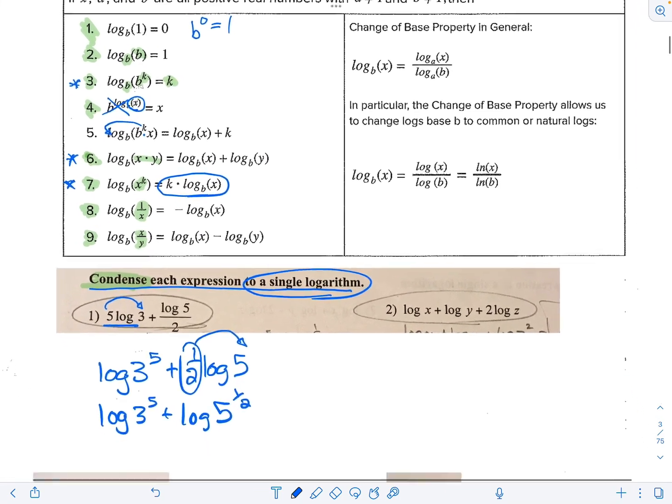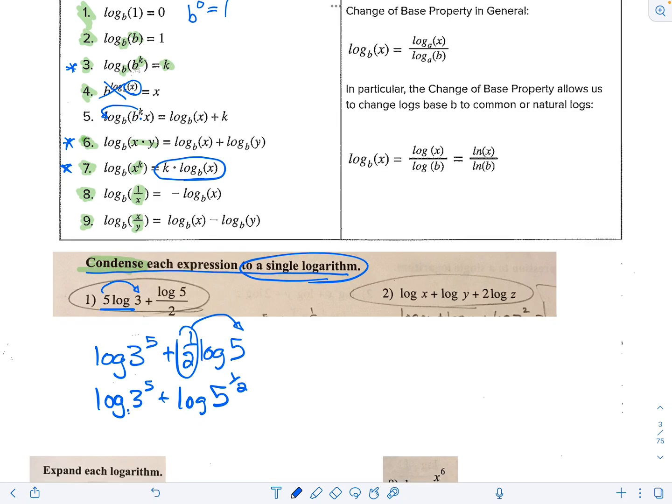And now, because this is a sum of logs with the same base, we can write that as one single logarithm, the log of 3 to the 5th times square root of 5. And that's all. Sometimes they're going to be a little more fancy or elaborate or elegant, but this one you're just writing as a single log, done.